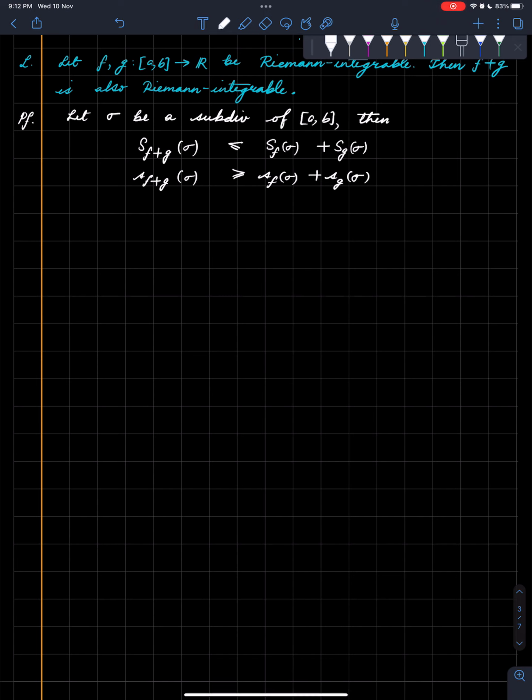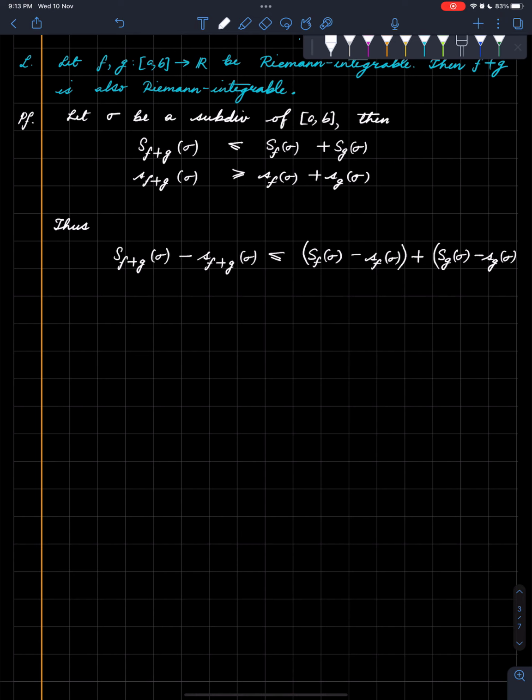Right. Therefore, if we take the difference, we see it is less than, just playing some basic algebra, which is same as writing this.